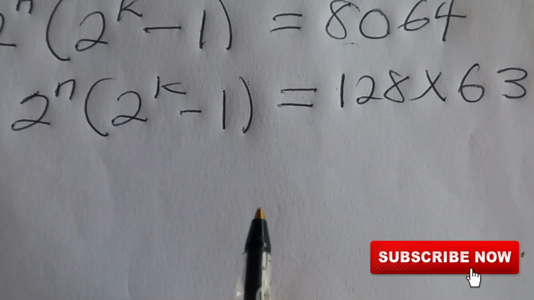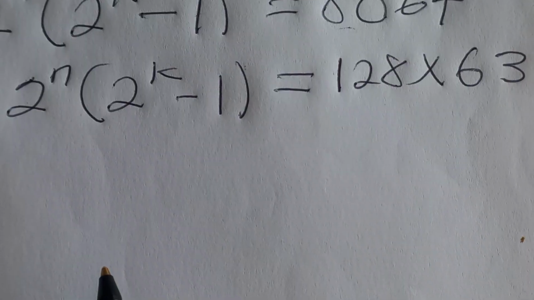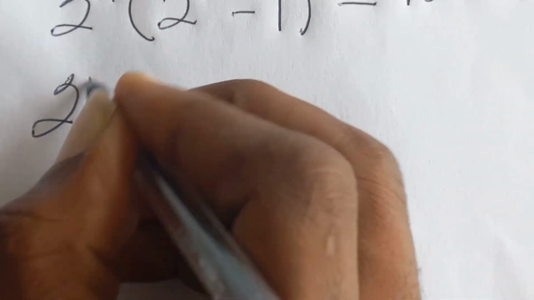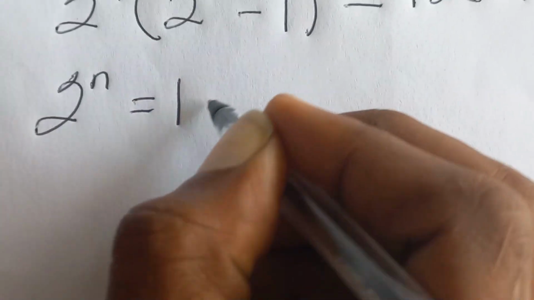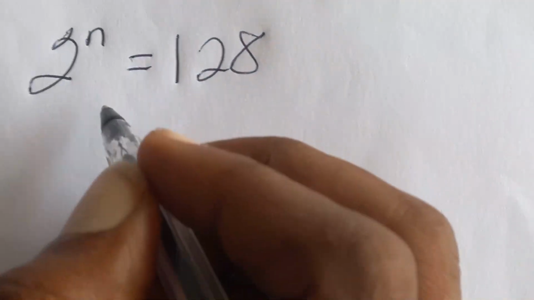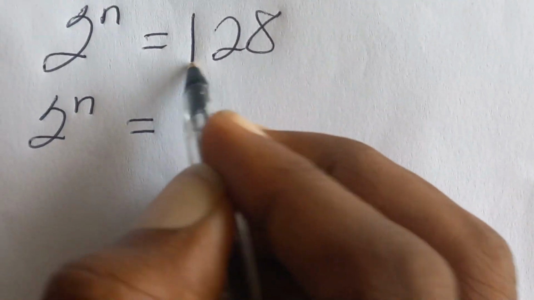Now, let's use the laws of multiplication. Okay, so you can say that 2 exponent n is equal to 128.